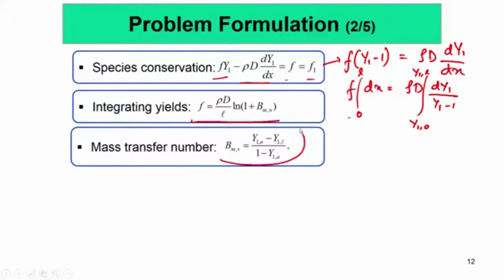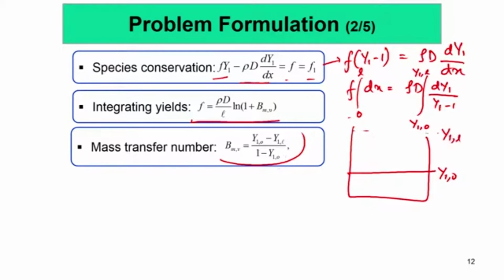Essentially, this mass transfer number is nothing but the difference between the species mass fractions at the boundaries, that is, this is y10, and this is y1L.